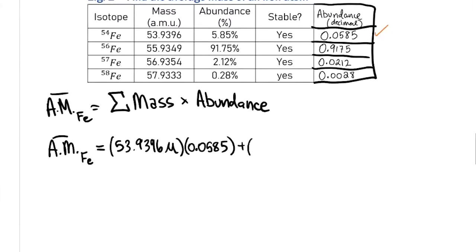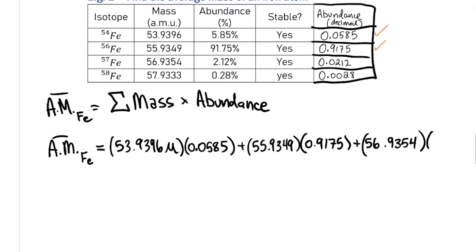It has a mass of 55.9349 and an abundance of 0.9175. That is our second isotope taken care of. Then we add the next one. It has a mass of 56.9354 and an abundance of 0.0212.